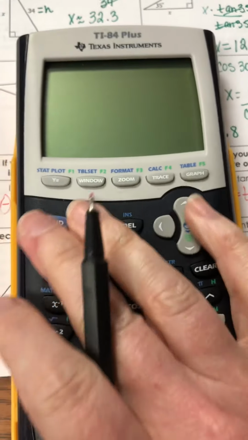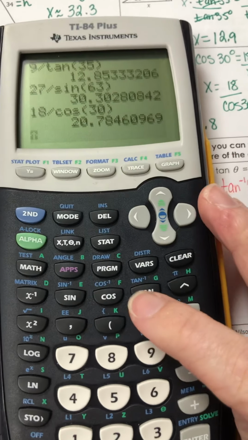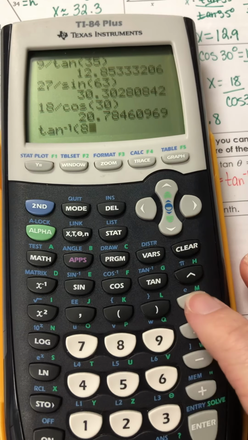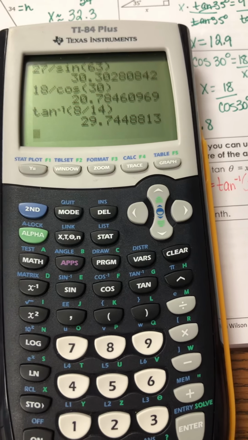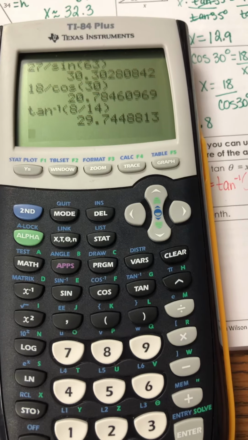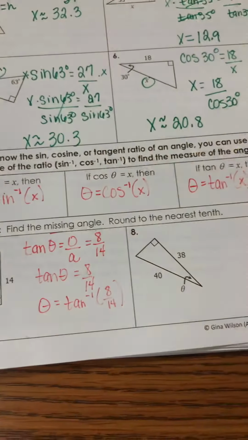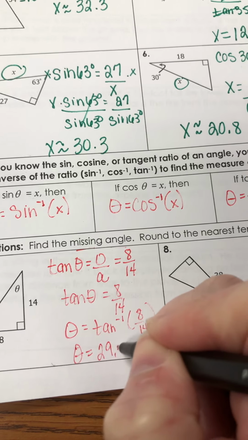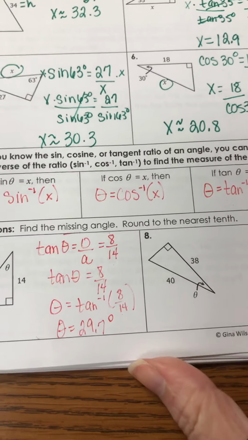Going to a calculator, that's going to be my inverse of tangent of 8/14. I'm just going to do 8 divided by 14 to save some time, and that's going to give me 29.7 and so on, which rounds to 29.7. So theta is 29.7. Now remember, theta is an acute angle in my triangle, so it's going to be 29.7 degrees.